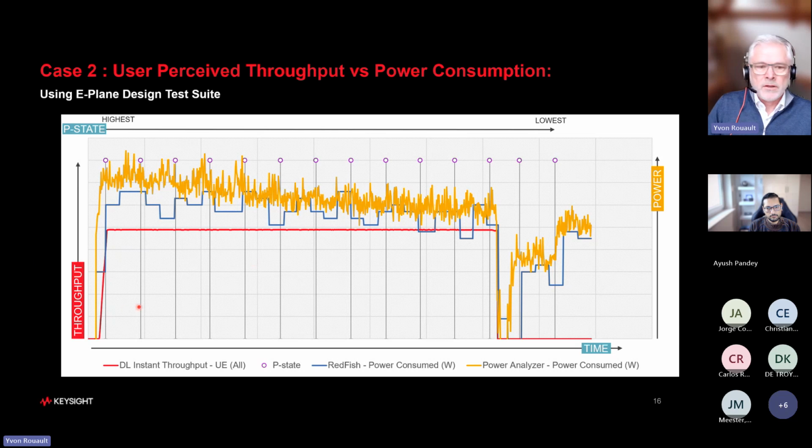At the same time, we measure in yellow the power that is consumed, and we change the P state step by step, from the high P state, so the maximum velocity of the CPUs, to the lowest velocity of the CPUs. And we can see that P state definitely has an effect, and that effect is this 20% that we could measure, but we shouldn't go too far.